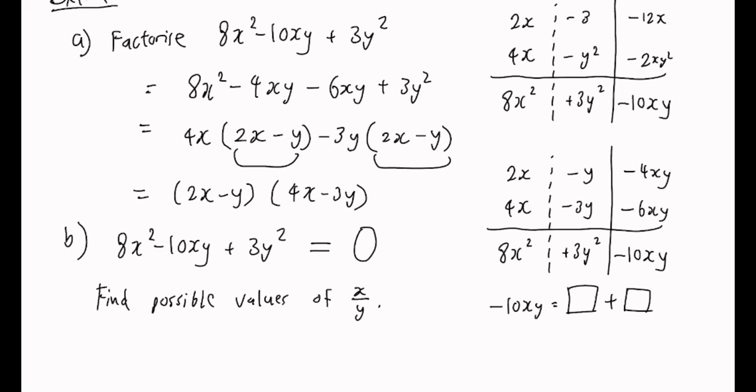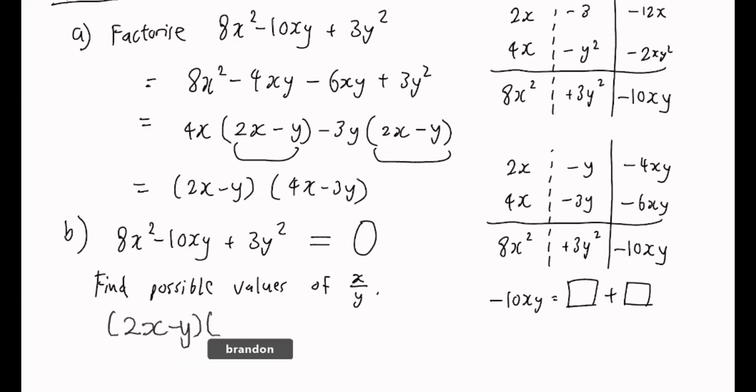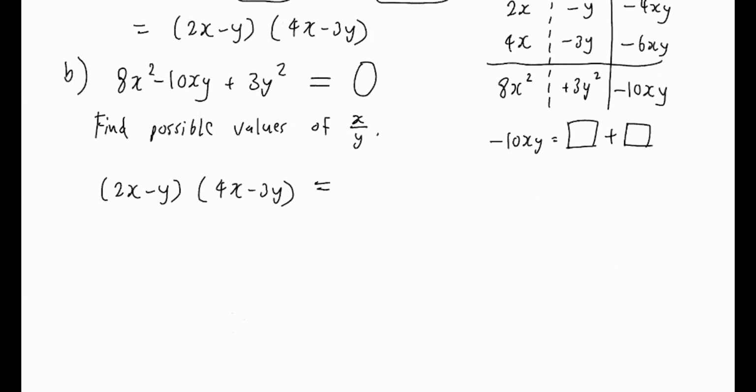Listen carefully, x over y, not x itself, not y itself, but rather x over y. How would you do it? Very simple. You already factorized it in part A. So just take the factored form and equate it to 0. Got something times something equals 0.